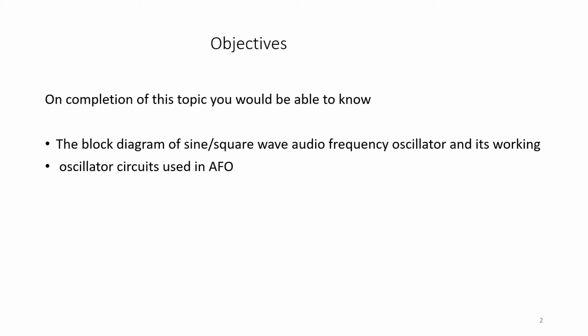Similarly, to generate a frequency modulated signal, we can take the modulating signal internally or externally. The RF signal generator also has various applications for testing and aligning radio receivers, TV receivers and various other equipment. So this is the basic introduction to what a signal generator is.